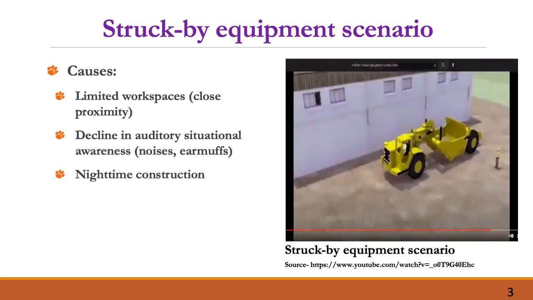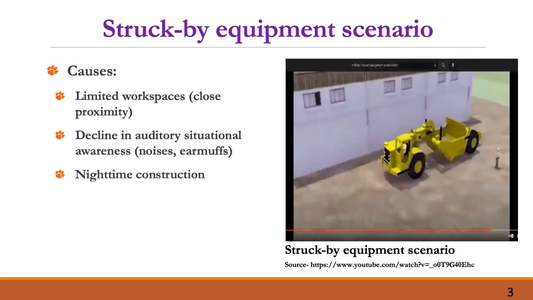They are working close to each other, and construction equipment is dynamic and moving a lot. So collisions happen pretty often to workers if the traffic is not well managed.